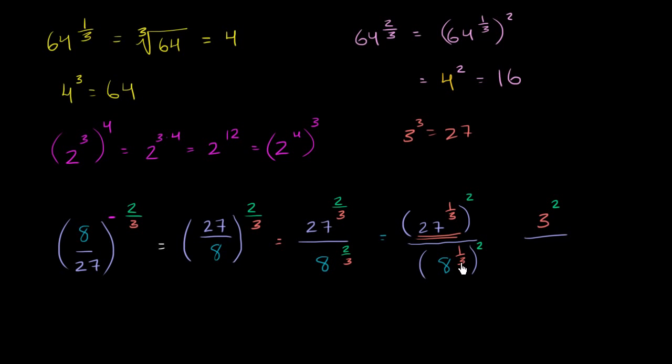Well, 2 times 2 times 2 is 8, so 8 to the 1/3 is 2. And then we're going to square that. So this is going to simplify to 3 squared over 2 squared, which is just going to be equal to 9 over 4. So if you just break it down step by step, it actually is not too daunting.